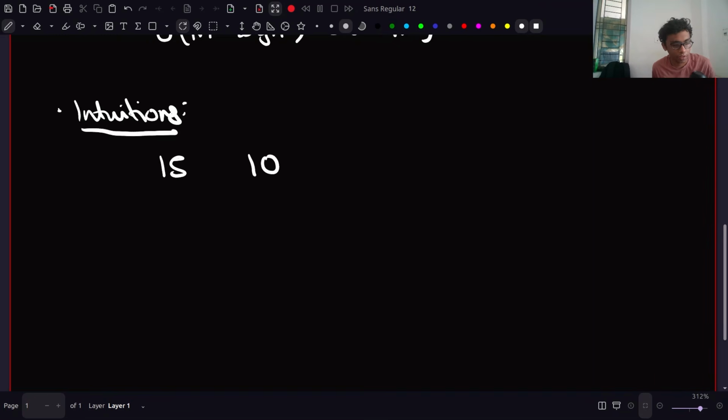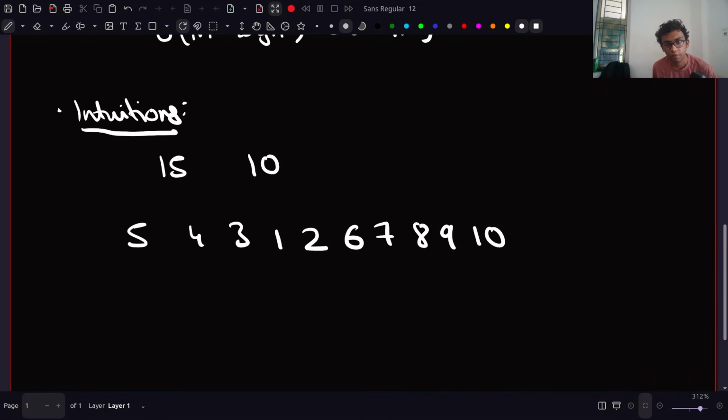Then we have some elements like 5, 4, 3, 1, 2, 6, 7, 8, 9, 10. How many elements is that? 10. Then we can have maybe 21, 22, 23, 24, 25. As you can see, we have 15 elements now.